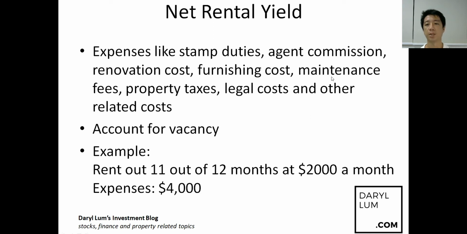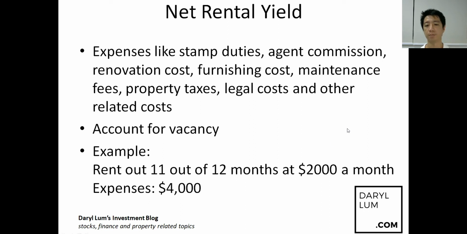Your maintenance fees for this 1 bedroom property may be about $200 a month, so in total for 24 months, that is 2004. Then you factor in your agent commission, which is about half a month, so another 1,000. Then you add some simple furnishing you provide because of the request. Your total expenses are about 4,000.